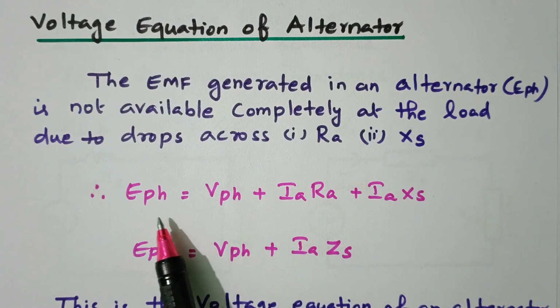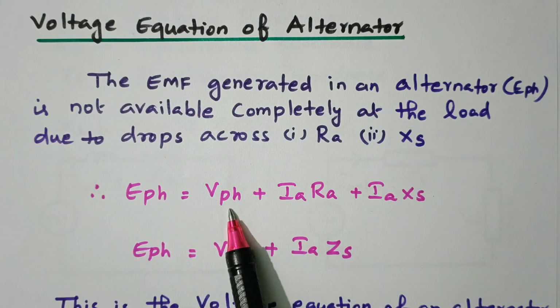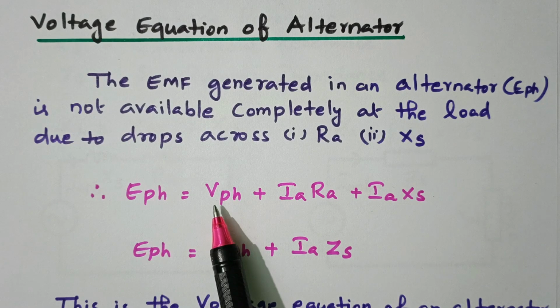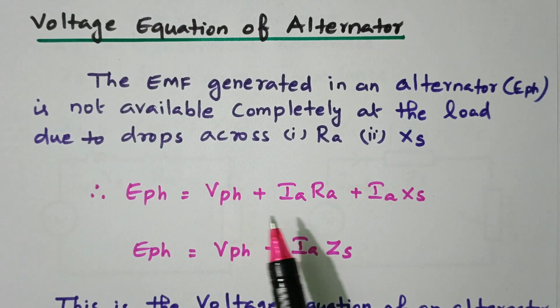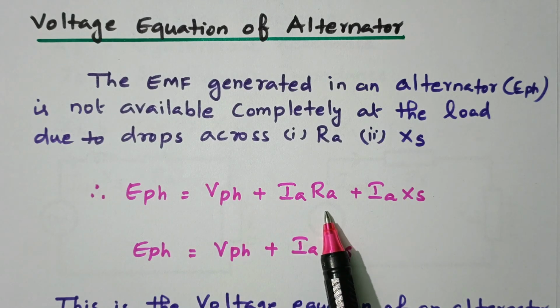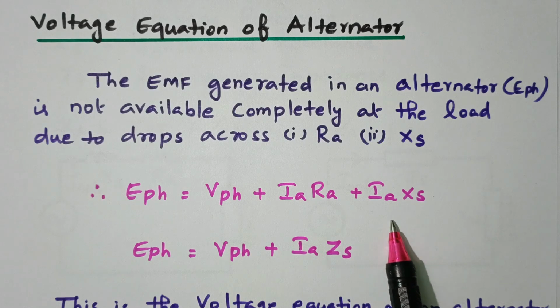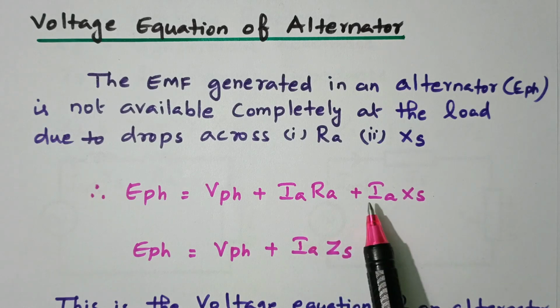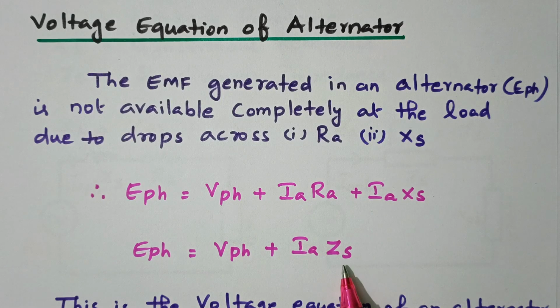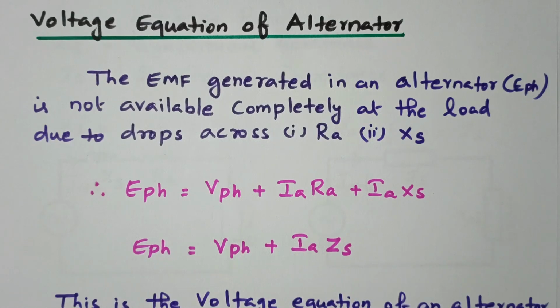So that is given here. E phase equals V phase, the generated EMF equals the voltage available across the load, plus the resistive drop and reactance drop. These two, RA and XS, can be written as the synchronous impedance. So E phase equals V phase plus IA ZS. So this is the final equation.